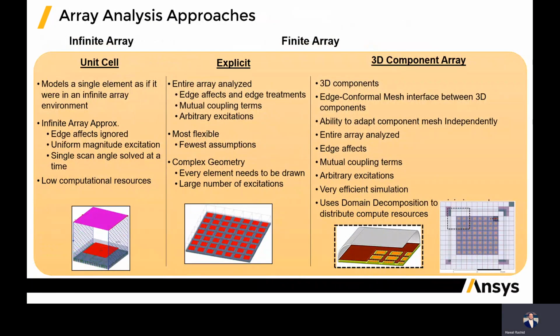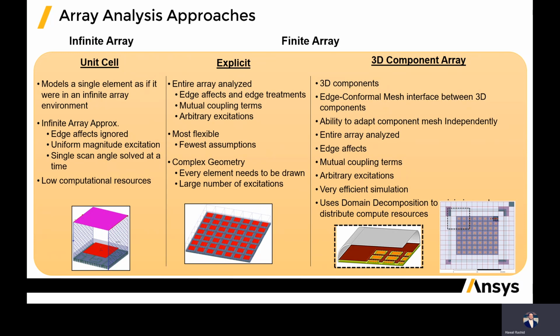So we may have different approaches depending on what we are looking at. If we are designing really large antenna arrays, so large that they can be considered infinite arrays, how large does it need to be? It could be, for example, 40 by 40 antenna array elements.